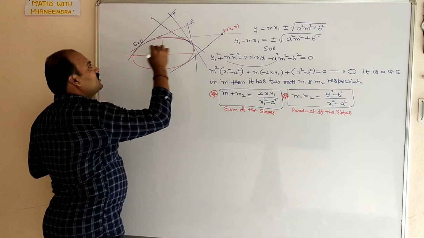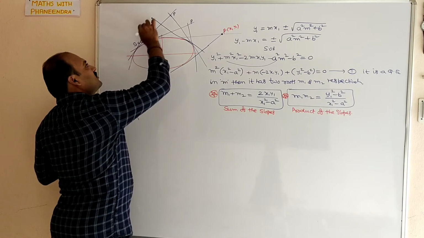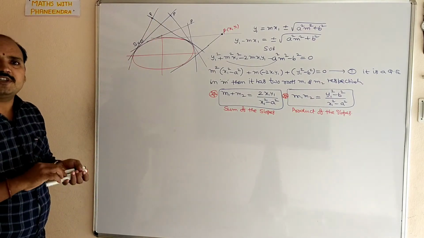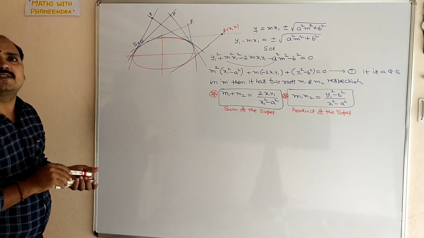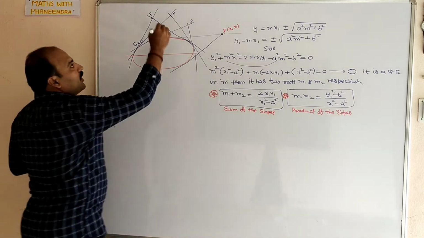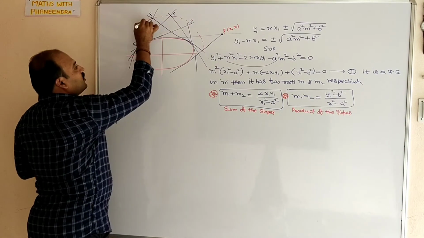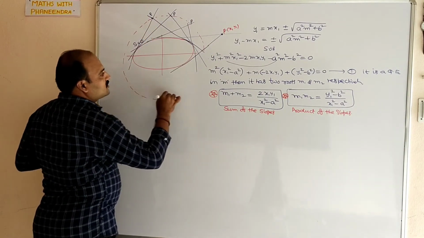This is a tangent equation, and this is another tangent. The point of intersection of perpendicular tangents gives the director circle of the ellipse. If you join the points like this, you will get one circle equation.